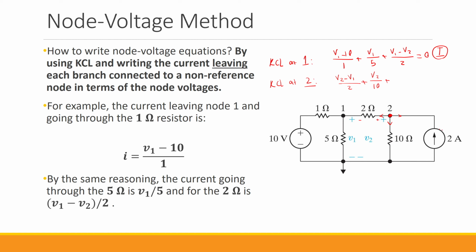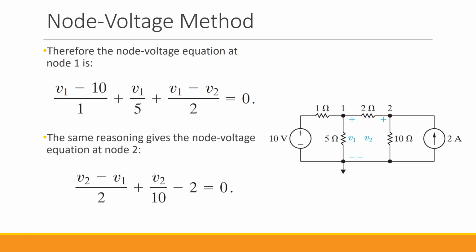Since we have an independent current source, that is basically the current. Since we consider the current to be leaving, but in reality the current is actually entering the node, we use it with a negative sign. So minus 2 equals 0. So that is the second equation that we need to have.